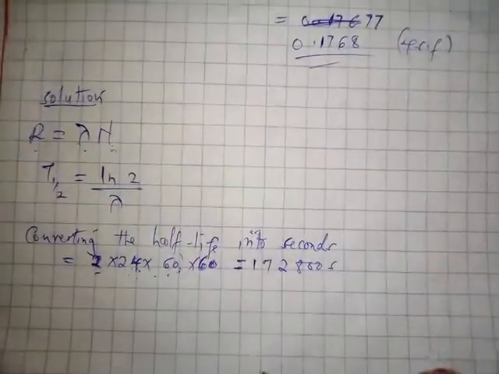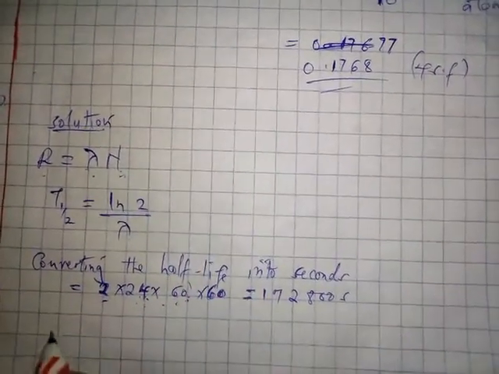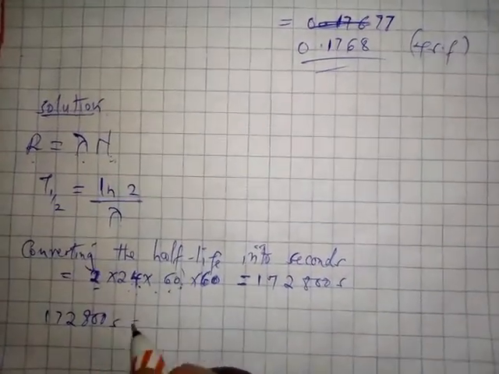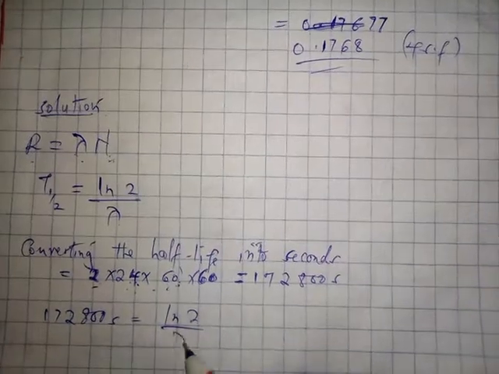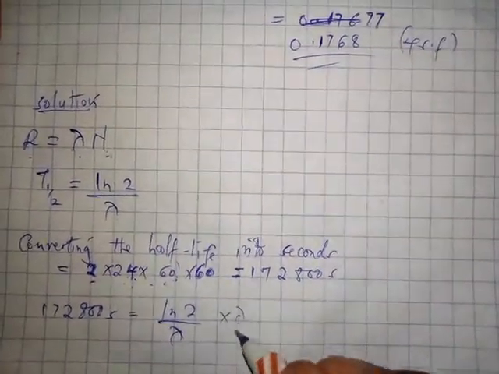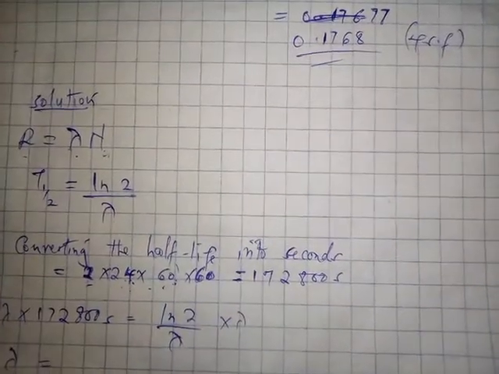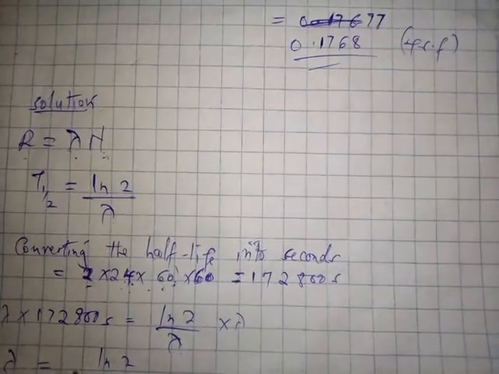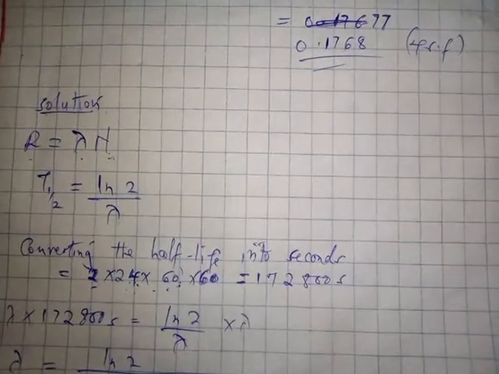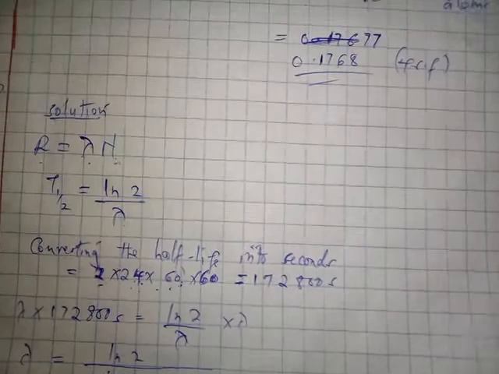Now we substitute this into the formula. 172,800 seconds equals ln 2 over lambda. Multiply both sides by lambda, and lambda is equals to ln 2 over 172,800 seconds.